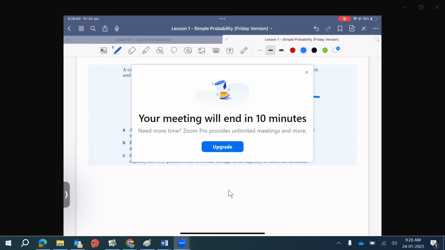Now, we want to find out what's the total number of tourists. Let's add all of these up, going down. So we've got 305 plus 529 plus 286 plus 206. That is 1326. So 1326 here.